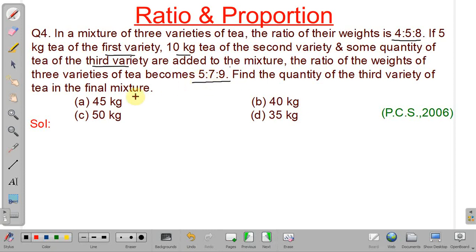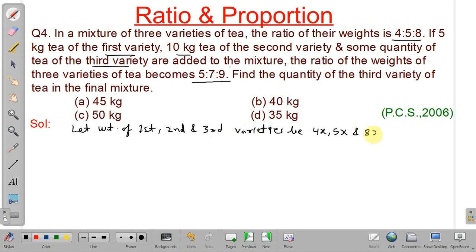Okay. So let the weights of the first, second, and third varieties be, as the ratio is given, 4x, 5x, and 8x kg respectively.